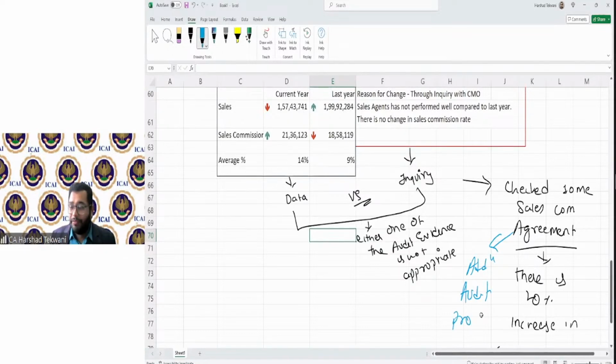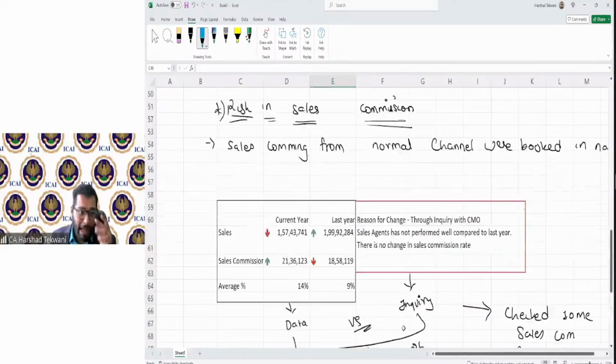That additional audit procedure is a verification of agreement, and I identified that this data is not in line with the other audit evidence that I gathered by checking the sales agreement.